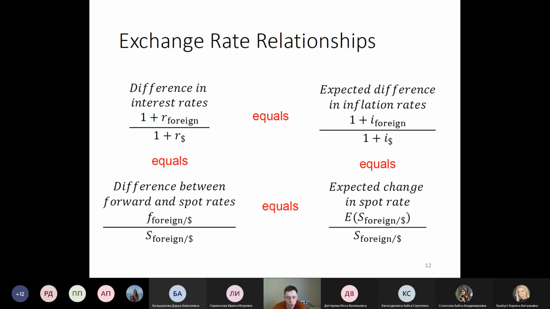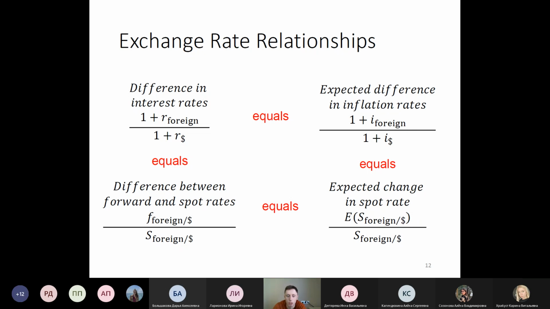Yes. Here is the main slide of the lecture devoted to international corporate finance: there are 4 factors that are related and that reflect the exchange rate of the firm.